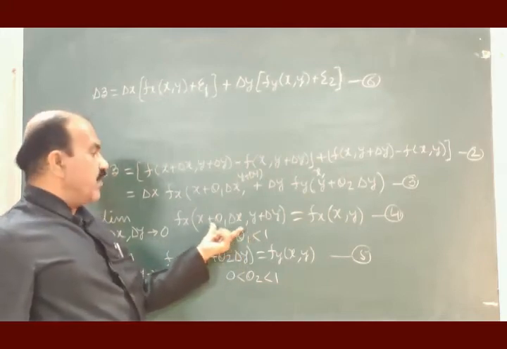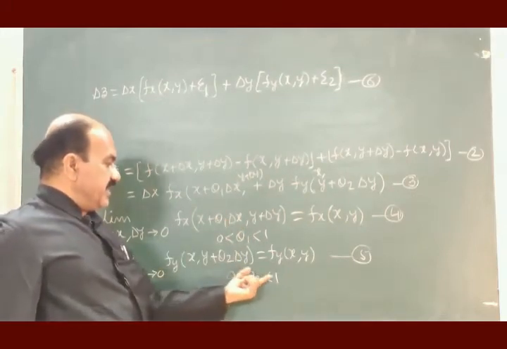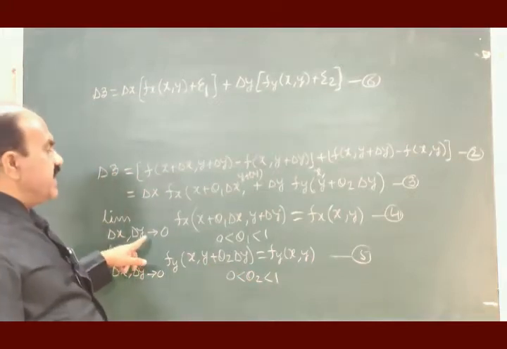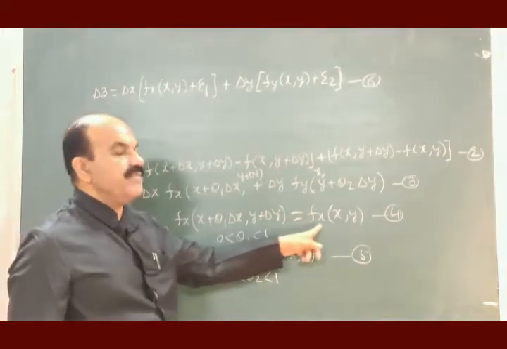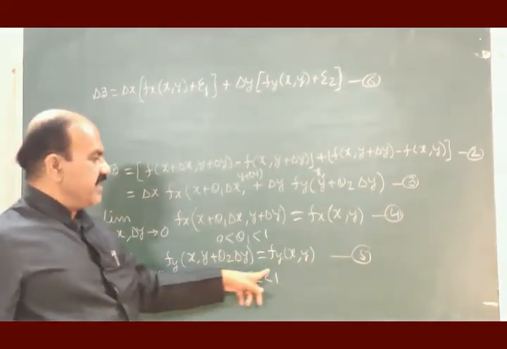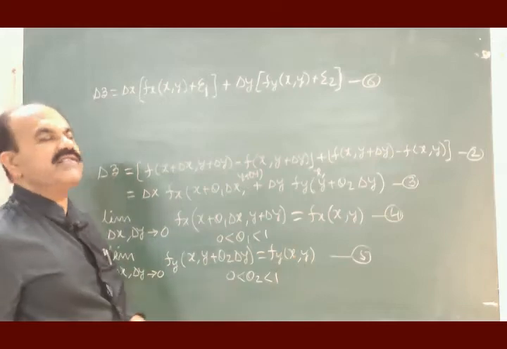As this is the value of theta 1 here, this is the range for the value of theta 2 here. As the limit of delta x, delta y tends to 0, this can simply be written as fx of (x, y), and this can be simply written as fy of (x, y).